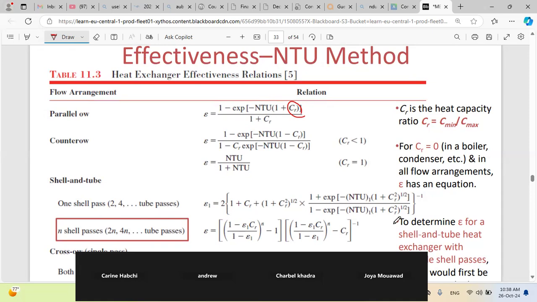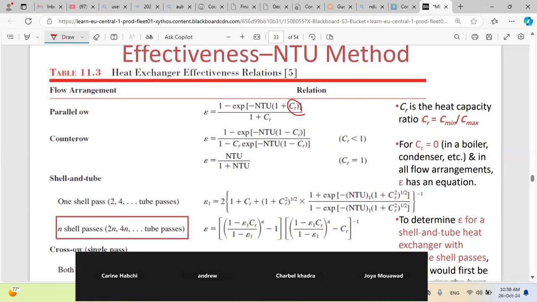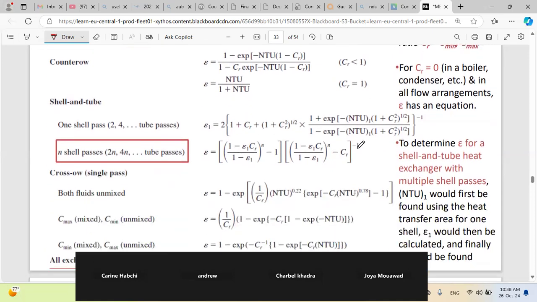So all you have to do then is to determine the type of your heat exchanger. And according to this type, you can select, for example, if you have cross flow with both fluids unmixed, so this is the case when you have fins separating the outer flow, then you can use this formula to get epsilon as a function of NTU and the specific heat ratio.